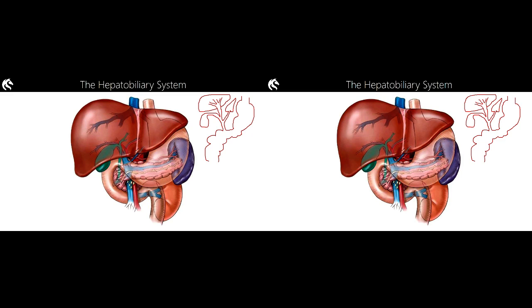This is a diagram of the hepatobiliary system, but with none of the things in the correct spot, but it does allow for some good learning by virtue of the fact that it's got no superimposition of structures. So yes, the head of the pancreas doesn't sit anywhere near there, it sits right down here. But a diagram like this can be useful for learning pathologies.